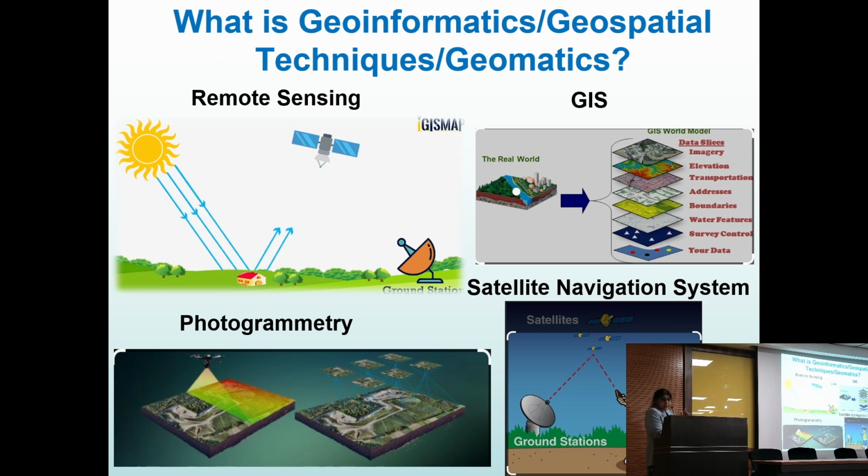The actual physical quantity sensed by the sensor is radiance, and the digital number which you are getting in the form of a satellite image is the quantized value of radiance, and that needs to be converted into radiance and then reflectance if you have to go for further analysis.